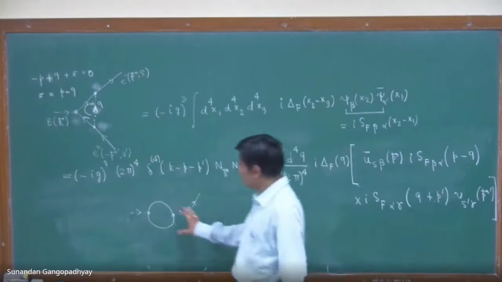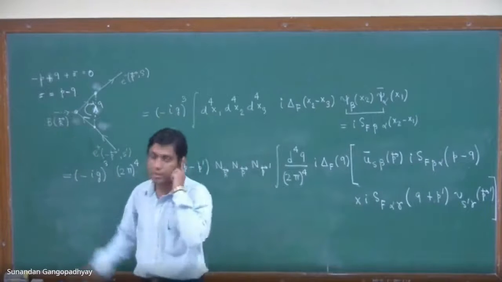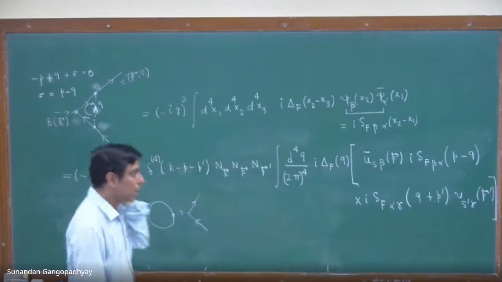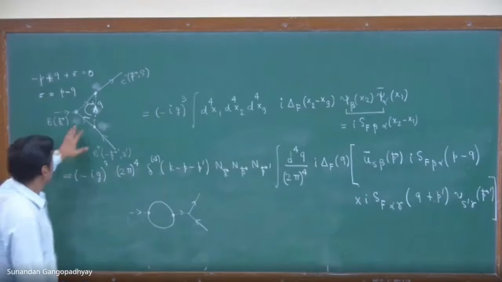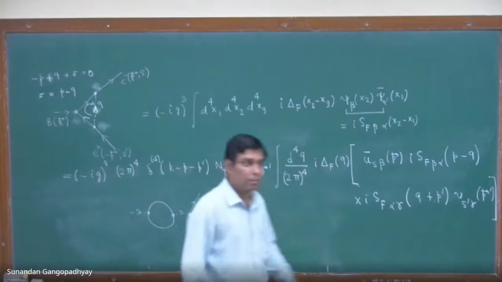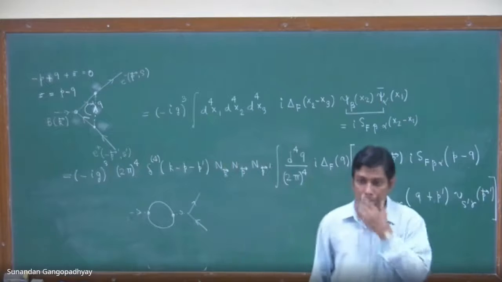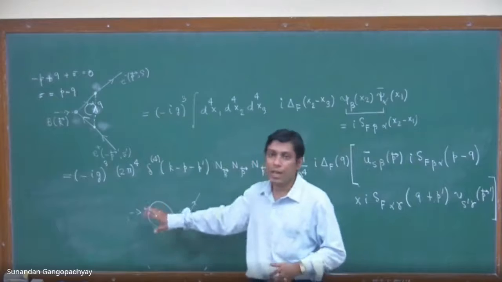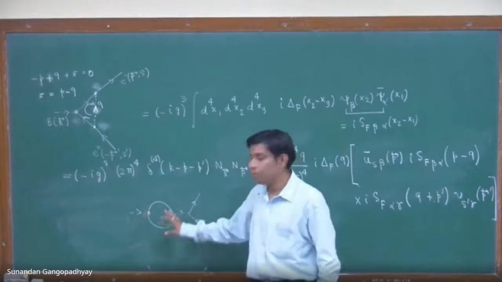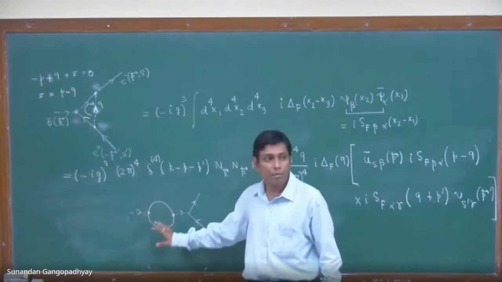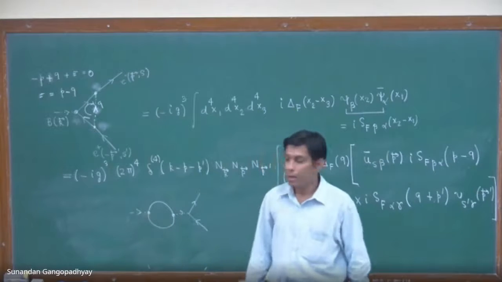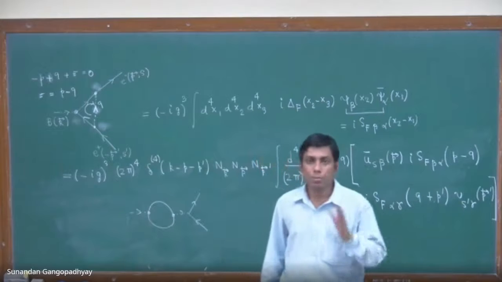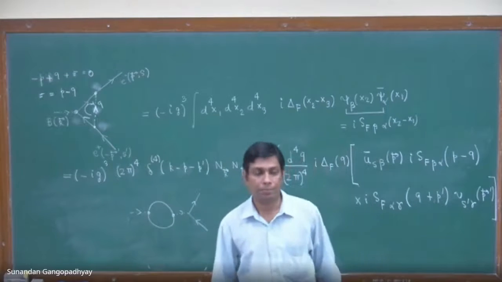No. See, these processes are occurring. There is no doubt about that. Suppose you are working up to third order in perturbation theory, then these processes are definitely occurring. But when we are calculating a matrix element in quantum mechanics, we are basically calculating the probability amplitudes. And these probability amplitudes are actually smaller than the leading term.